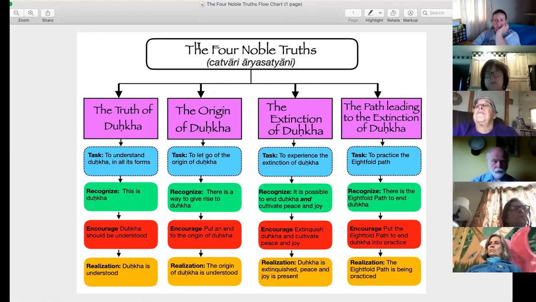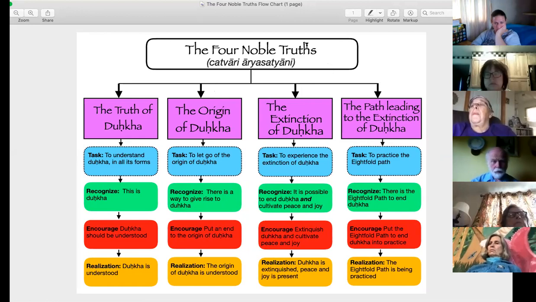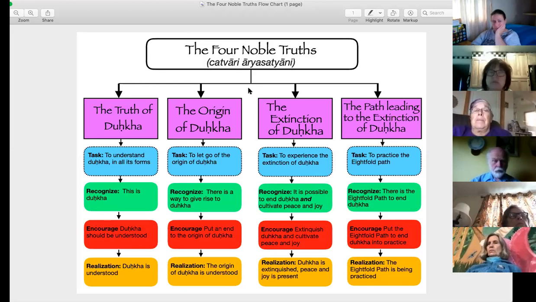And the Buddha taught, as I'll explain coming up, that part of his awakening experience was in realizing these four truths, that some of them were beginning to be made known to him through his earlier practice with other teachers.